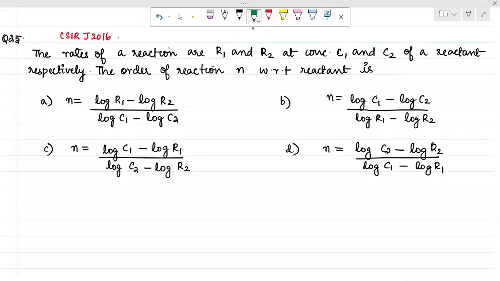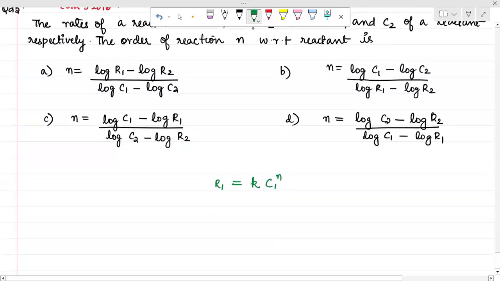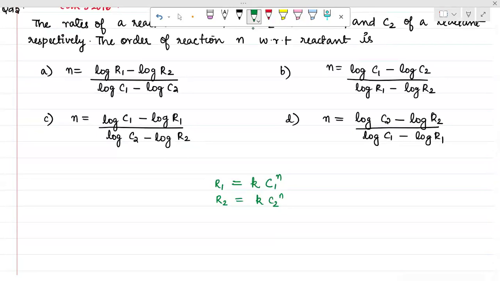We know that R1 is going to be equal to rate constant into concentration to the power n, where n is the order. Correct? And let's say at a different concentration, the order of the reaction won't change. The rate is becoming R2. So that's it. We have 1, we have 2.